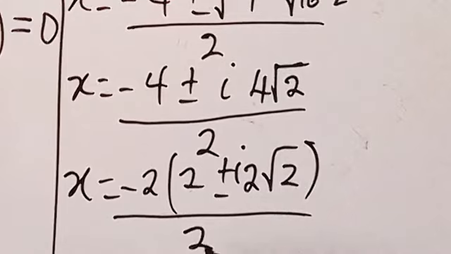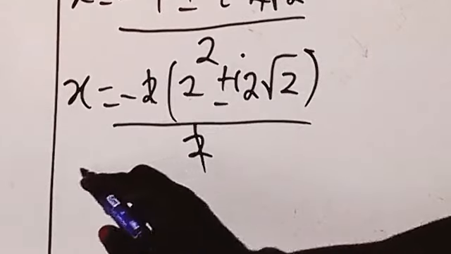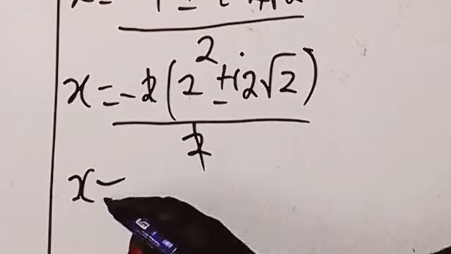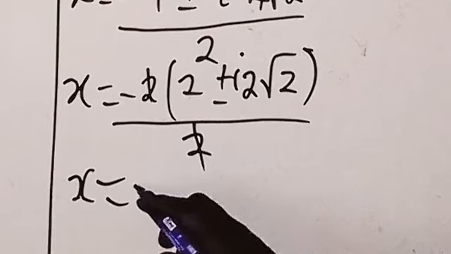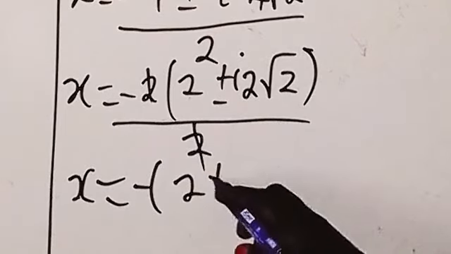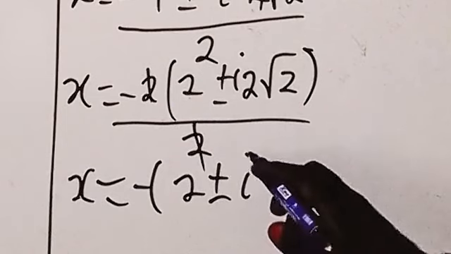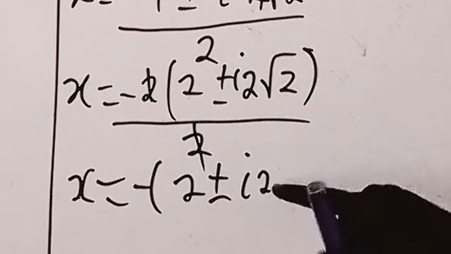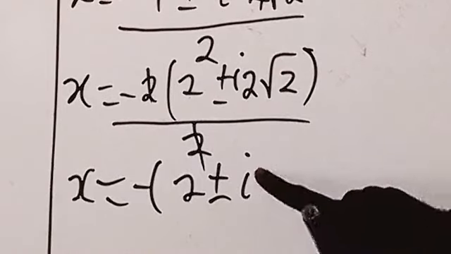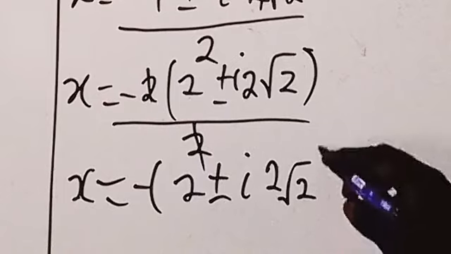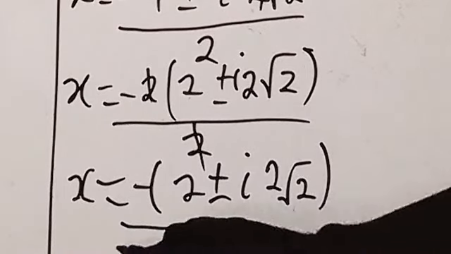So now from here you can see that we cancel this, so x equals minus 2 plus or minus i 2 root 2, and that is the solution.